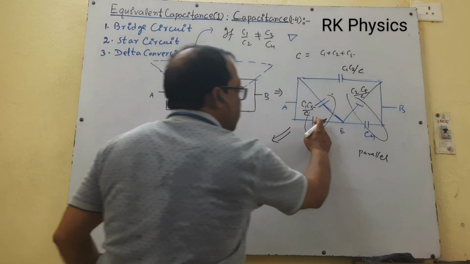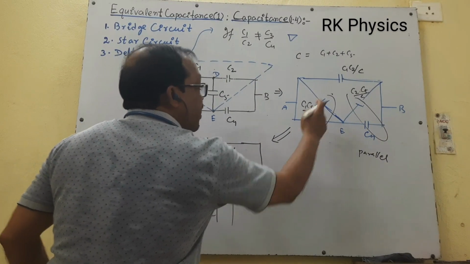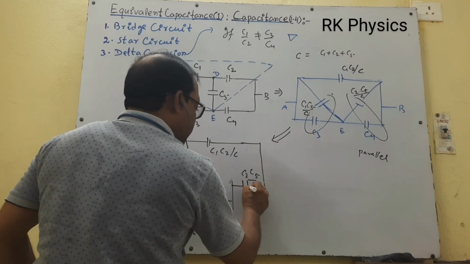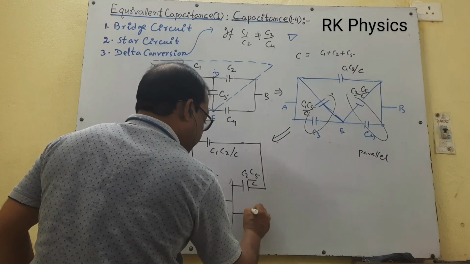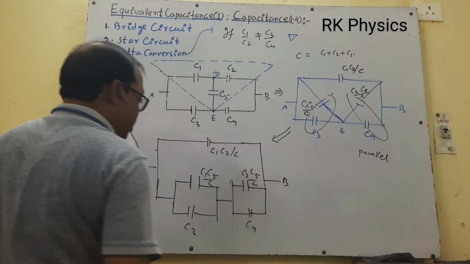Then this is in series with another capacitor, C2, C5 by C. Then it is parallel to C4. This is your point B.